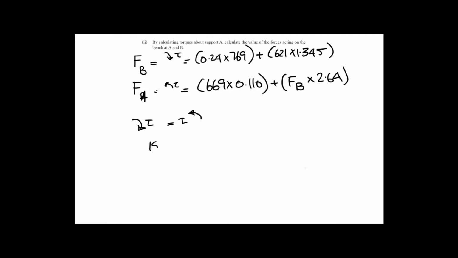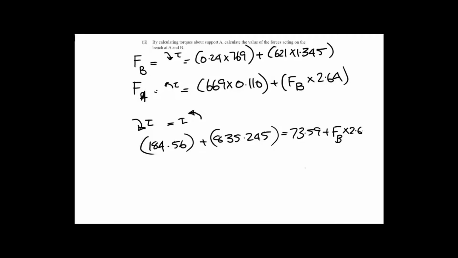So that means 184.56, which is what this is, plus 835.245 newtons, which is what this was, is equal to 73.59 plus the force pushed up at B times 2.69, which is the distance between them.